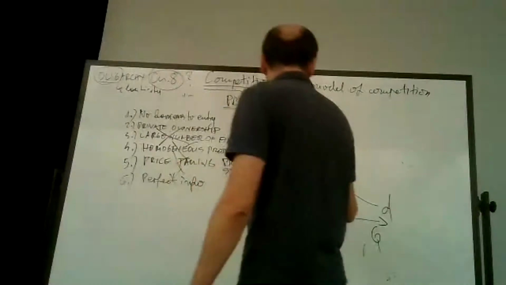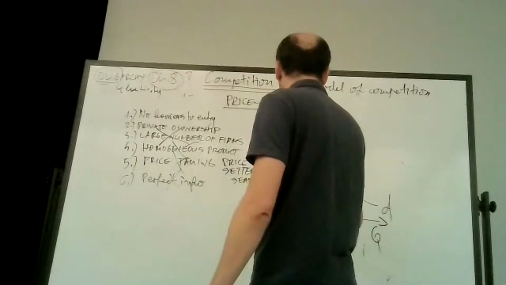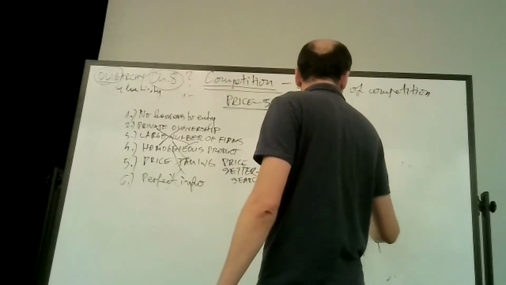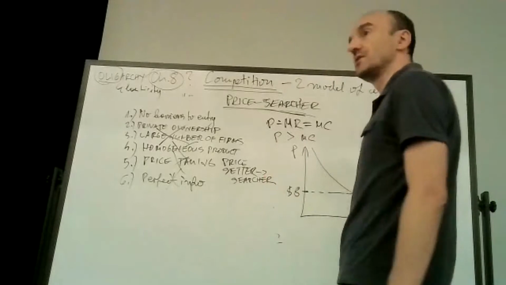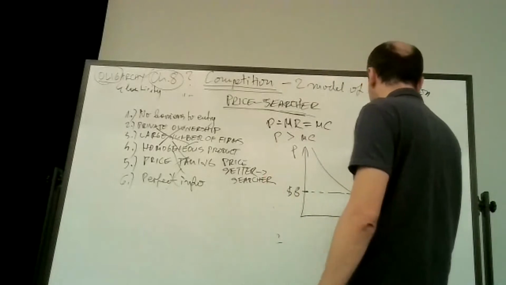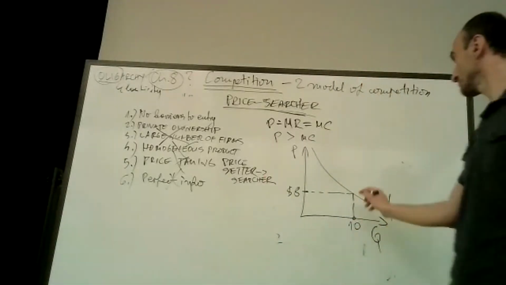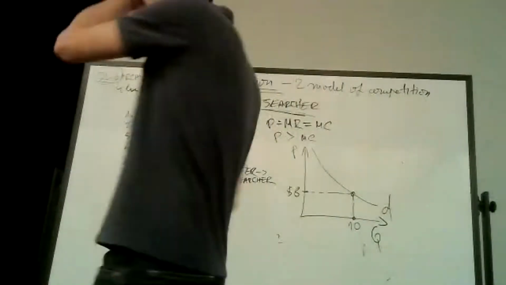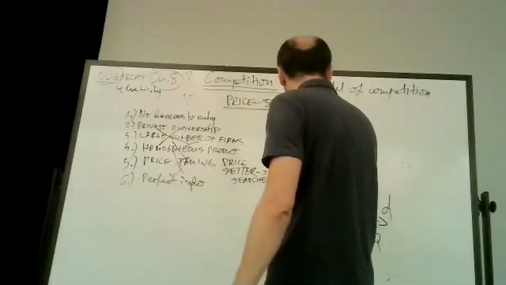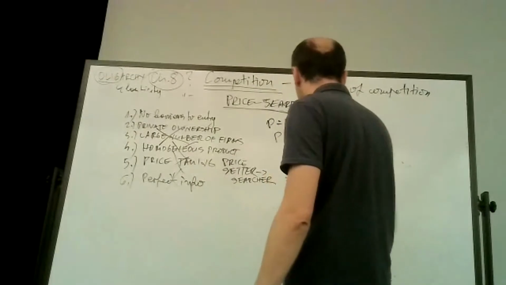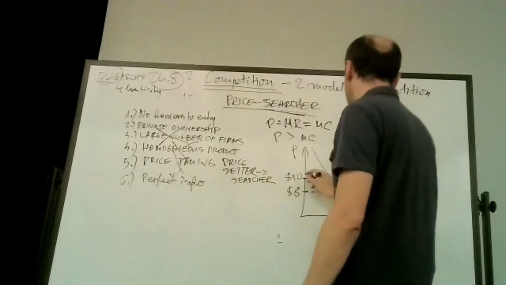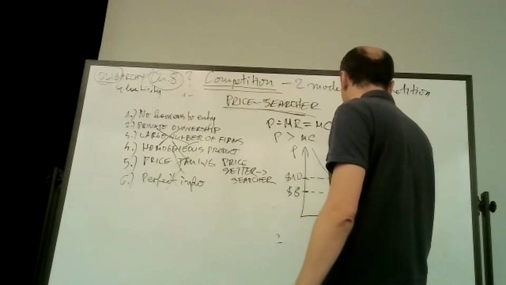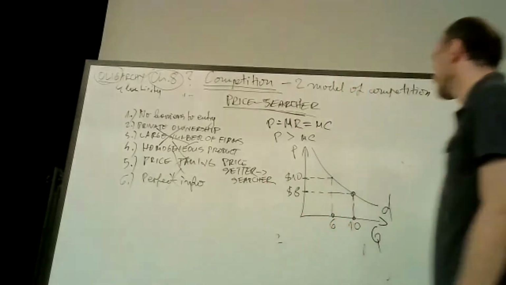So you can decide to charge $8 per unit and to sell 10 units. That's your equilibrium combination. Or you can decide maybe to charge $10 and sell 6 units.